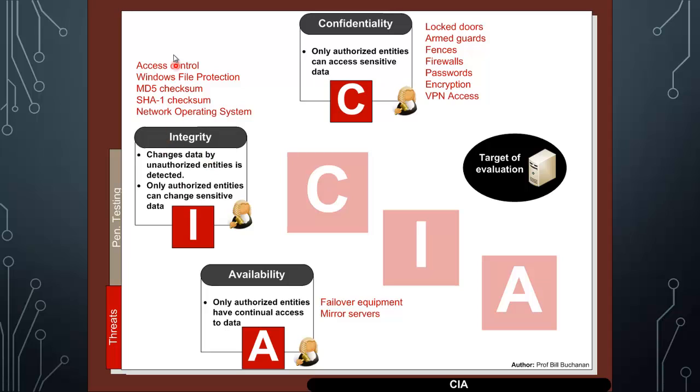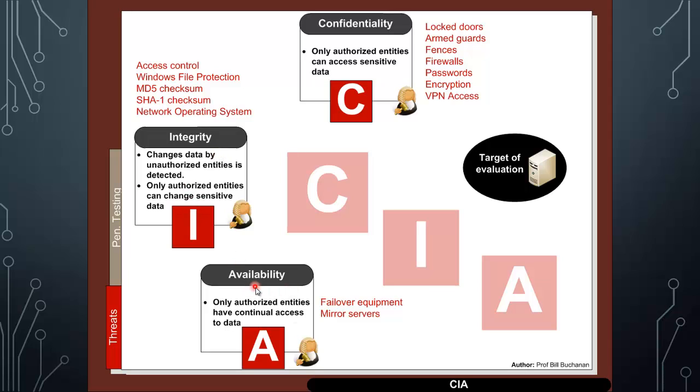For integrity, we have our Windows file protection, checksums, network operating systems, and that's to make sure that data is only changed by those entities who are actually authorized to do it. Any changes by entities who are not authorized should be logged.